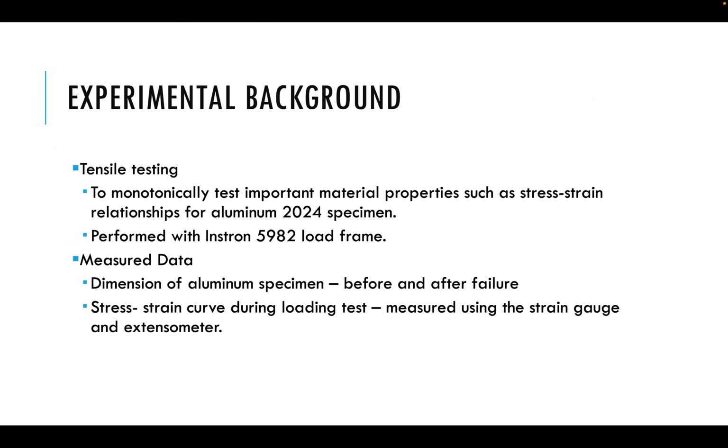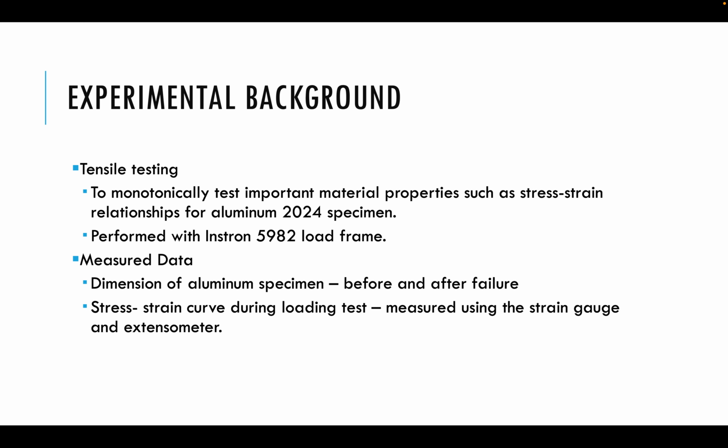In this experiment, we focused on testing the stress-strain relationship for an aluminum 2024 specimen, which is a common material used in aerospace applications. By using an Instron 5982 load frame unit, we're able to apply a monotonically increasing tensile load to the specimen while collecting various measurements.